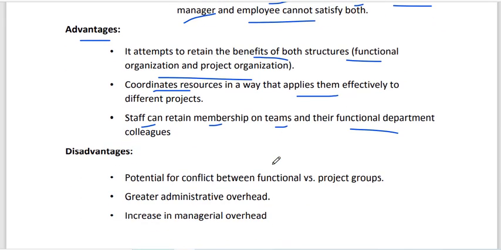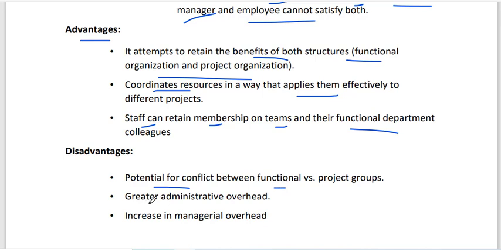And what are the disadvantages? There is potential for conflict between functional versus project groups. As I said earlier, leaders or bosses can give two different directions to the employee, so the employee cannot satisfy them both.